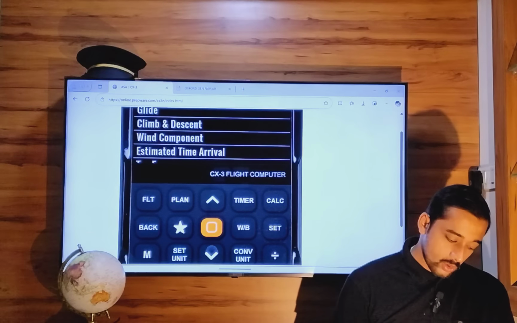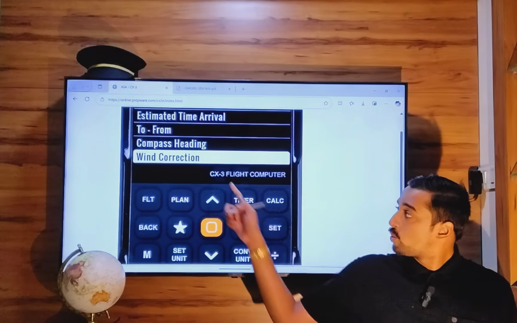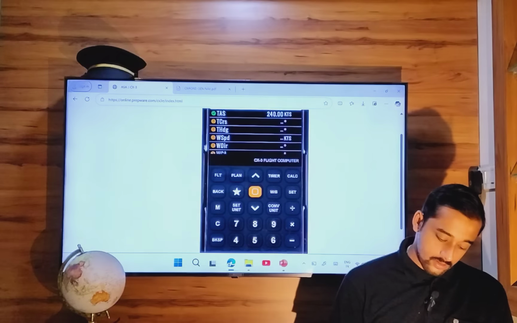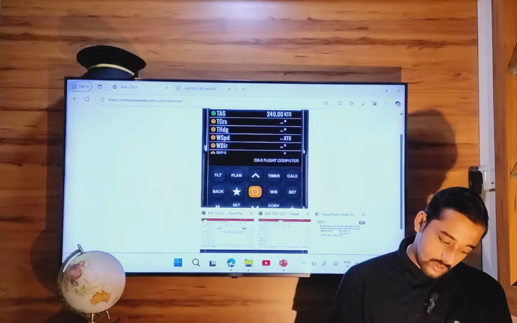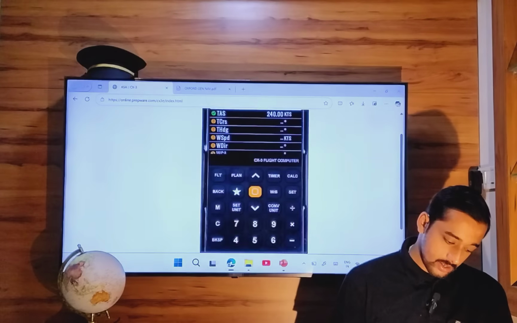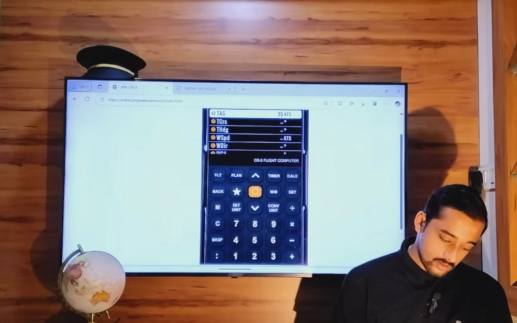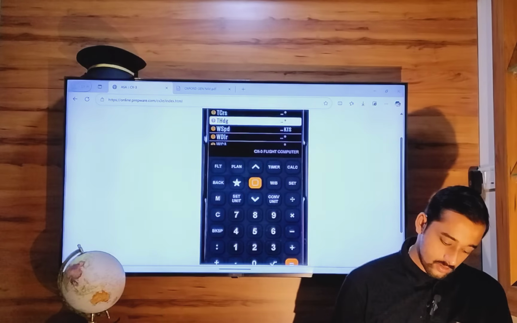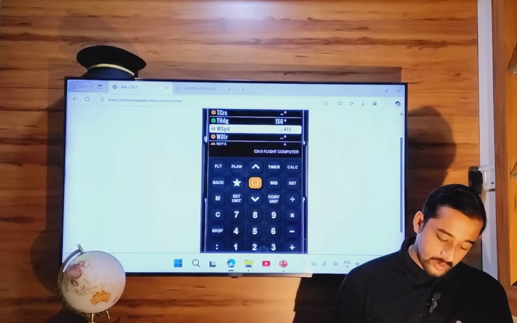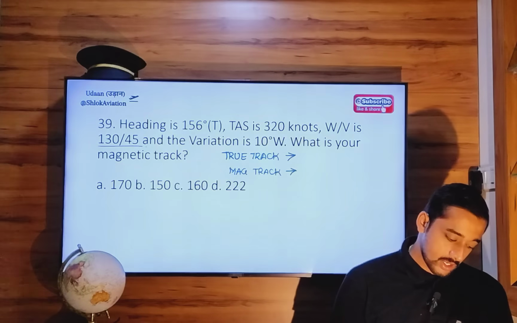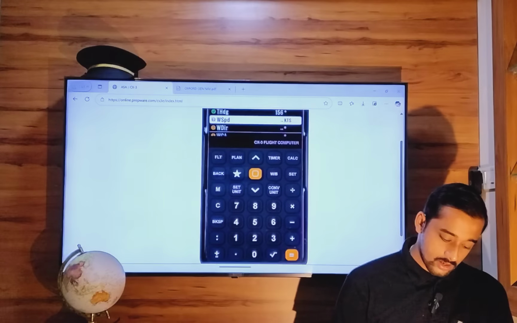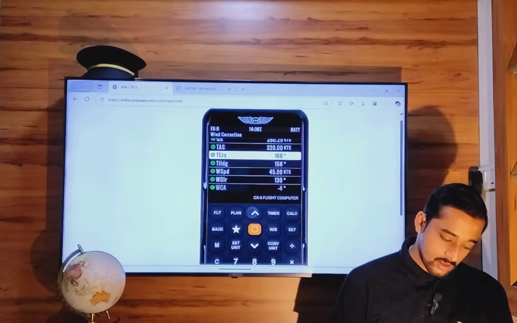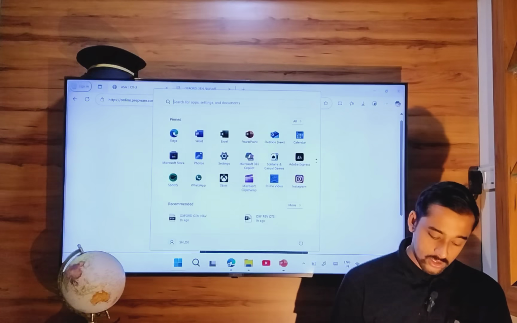Go to the wind correction option. Winds 130/45. True course is 160.